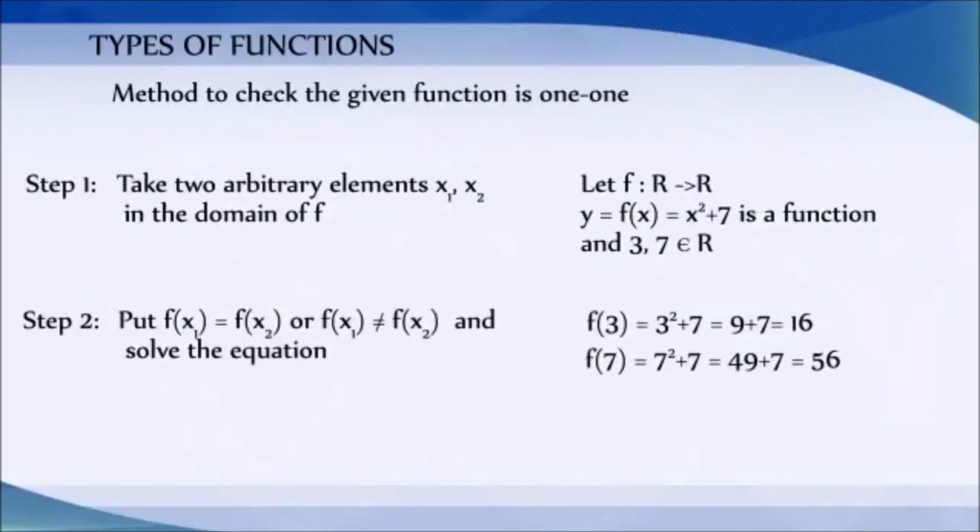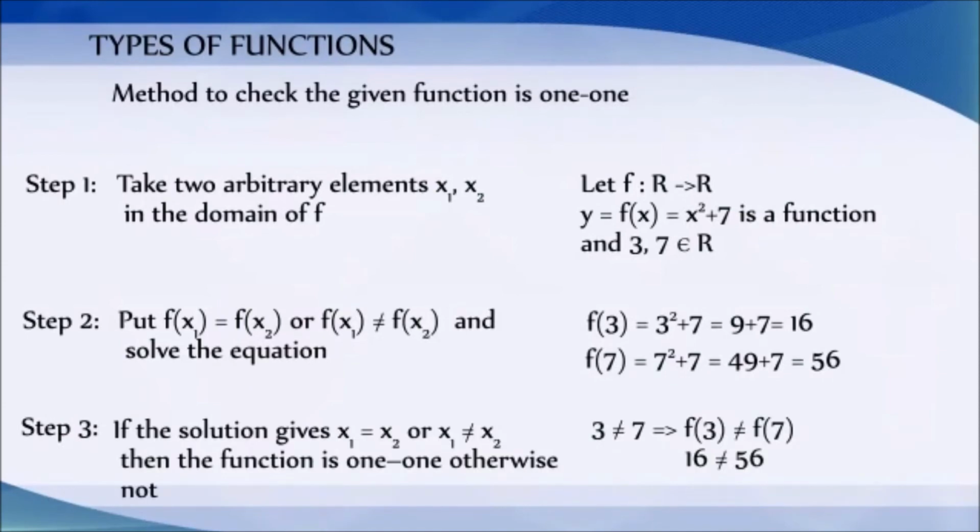Substitute f of x1 is equal to f of x2, or f of x1 is not equal to f of x2, and solve the equation. If the solution gives x1 is equal to x2, or x1 is not equal to x2 respectively, then the function is one-to-one. Otherwise, it is not one-to-one.